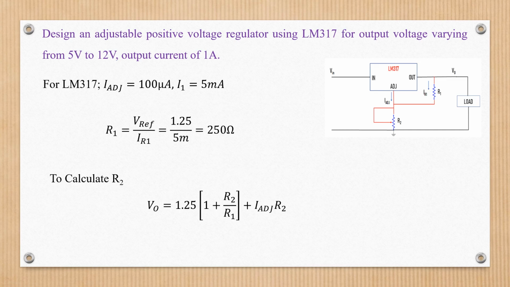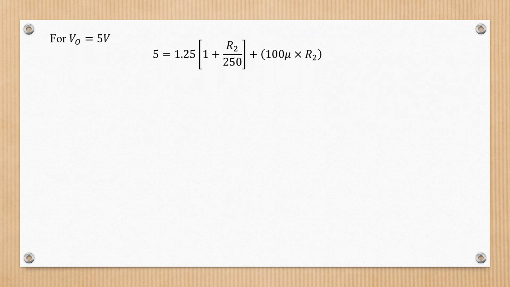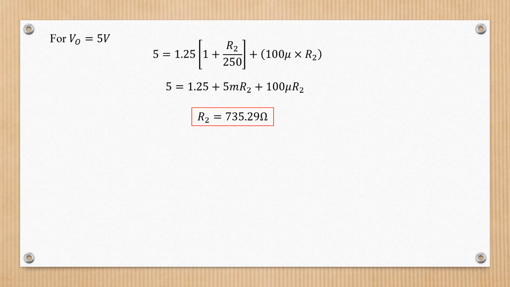Now we will take it in a step manner, that is for 5 volts and then for 12 volts, finding the value of resistance R2. For V naught equal to 5 volts, substituting in the V naught expression, we get the R2 value as 735.29 ohms. This is for an output voltage of 5 volts.